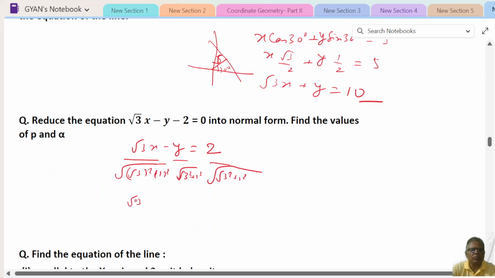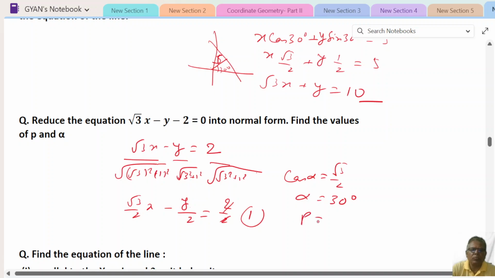So that will give you root 3 by 2 x minus y by 2 is equal to 2 by 2, which is equal to 1. So cos alpha is equal to root 3 by 2, so alpha is equal to 30 degrees. And here p is equal to 1.